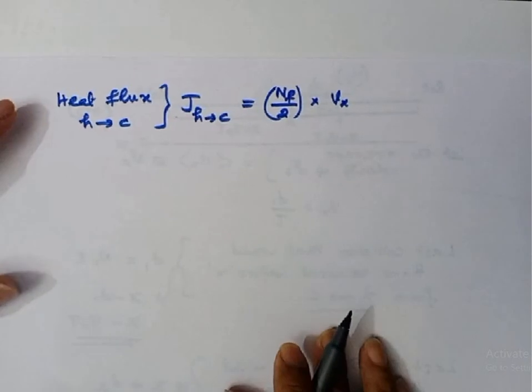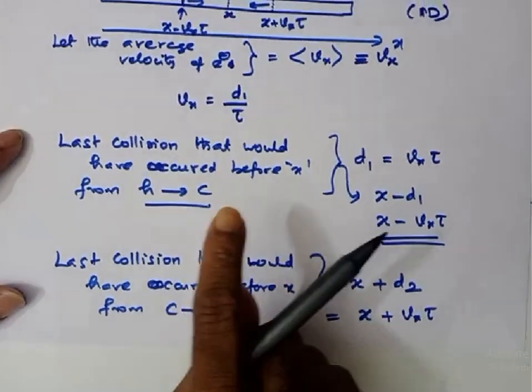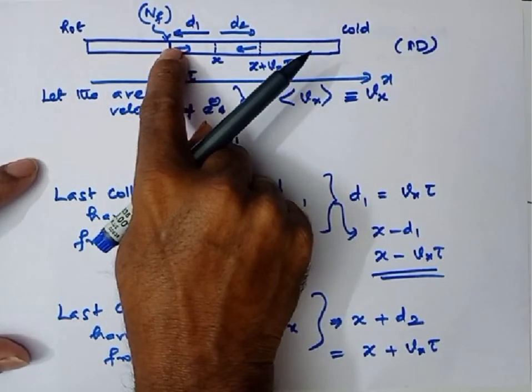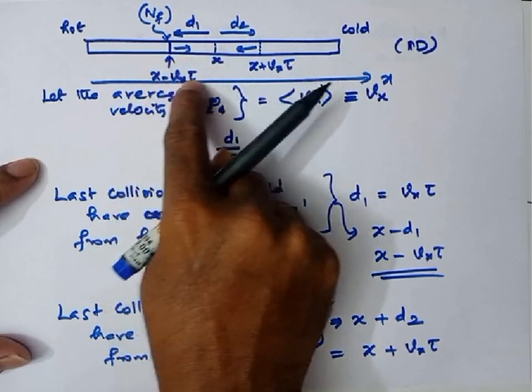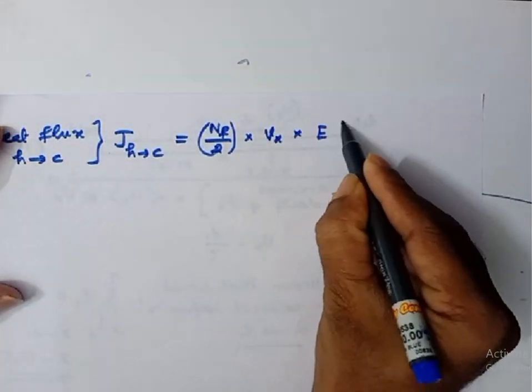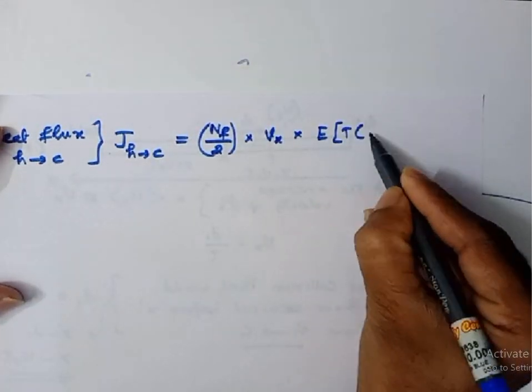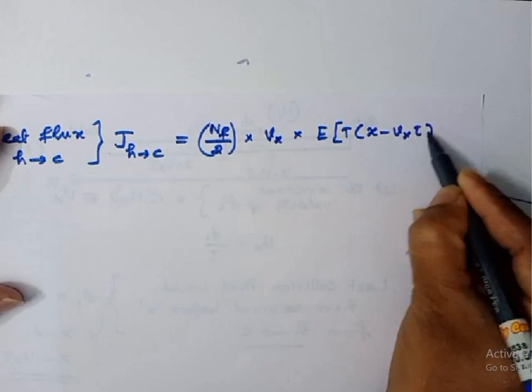Let me represent the average velocity as Vx, as I have told you already, into the energy carried by each of these electrons. What is the energy carried by the free electrons moving from this position towards x? It is nothing but the energy at this point. You know very well, energy depends on temperature, and temperature depends on position. What is the position? X minus Vx into tau.